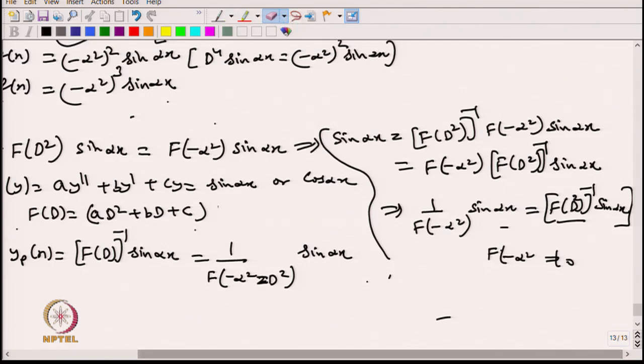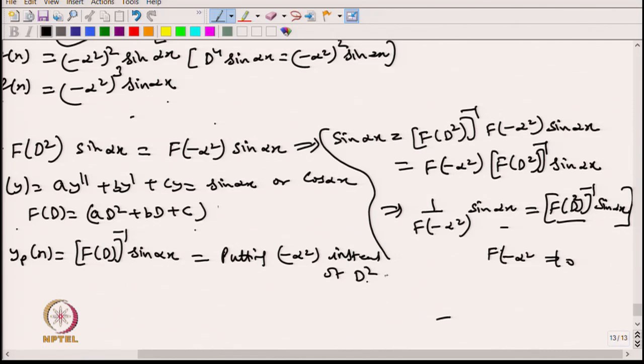Or what I can write is, putting minus alpha square instead of D square in f(D).